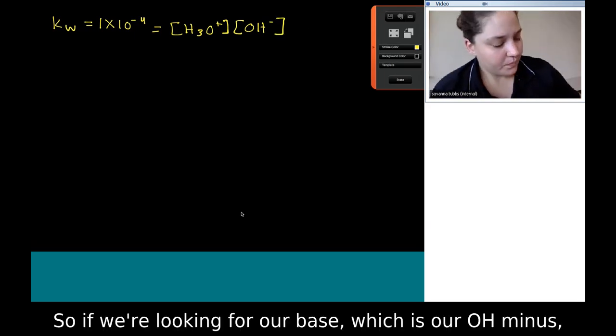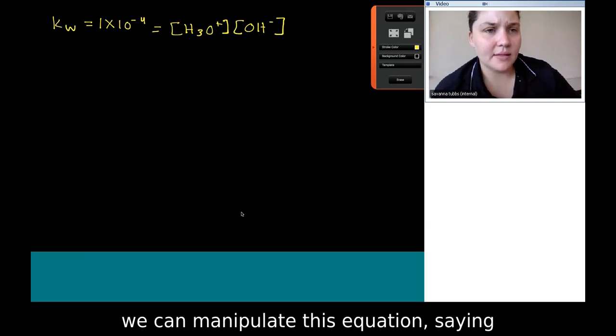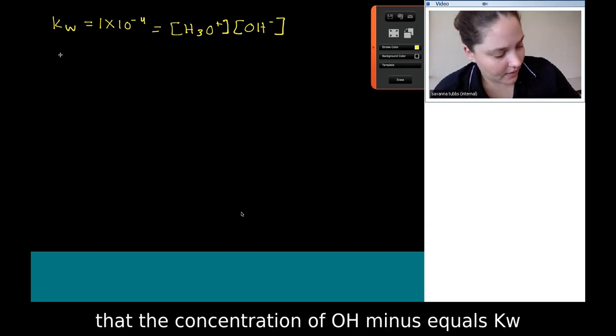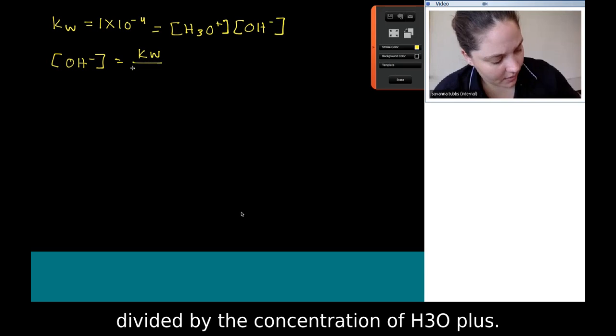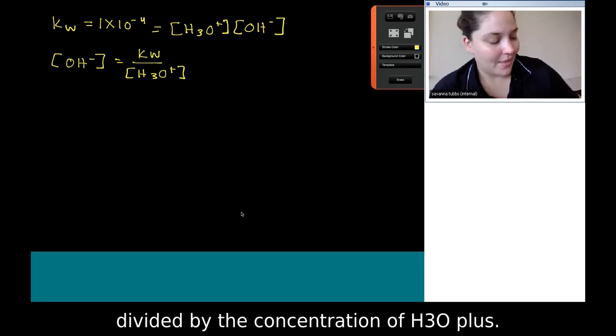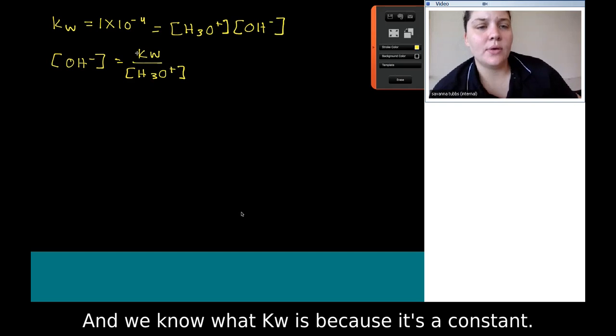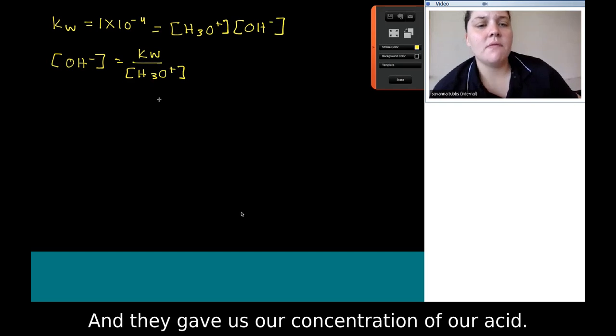So if we're looking for our base, which is our OH minus, we can manipulate this equation, saying that the concentration of OH minus equals Kw divided by the concentration of H3O plus. And we know what Kw is because it's a constant, and they gave us our concentration of our acid.